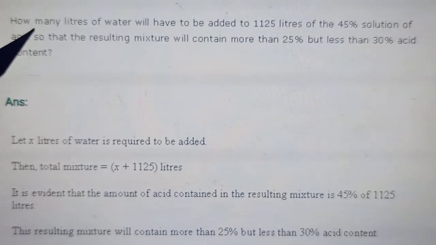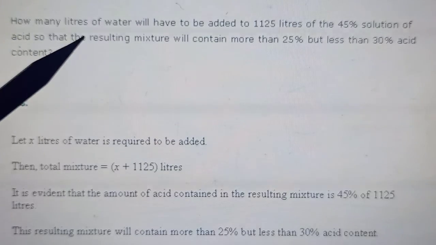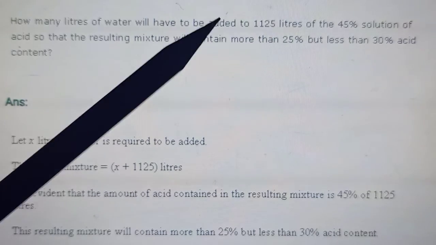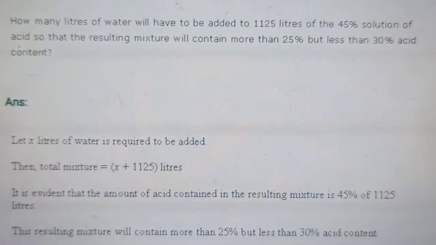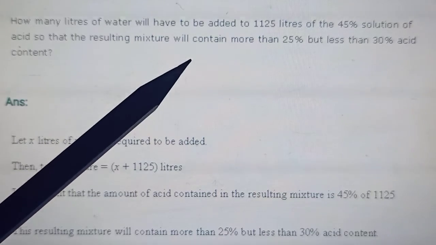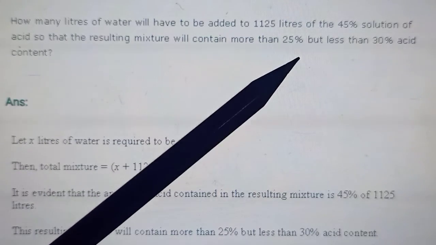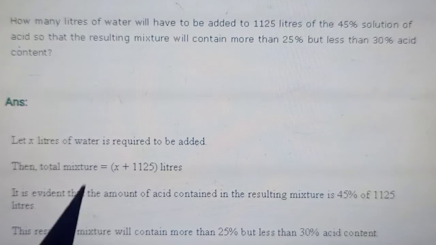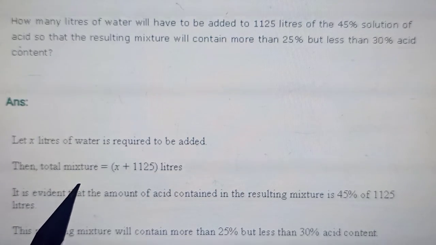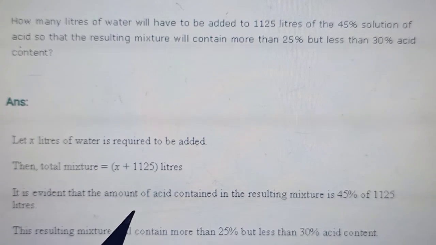Now, similar to this, the 13th one says: how many liters of water will be added to 1125 liters of 45% solution of acid so that the resulting mixture will contain more than 25% but less than 30% acid? This is somewhat the same as the previous one. The only difference is that there we added 8% of one solution to 2% of a similar solution.